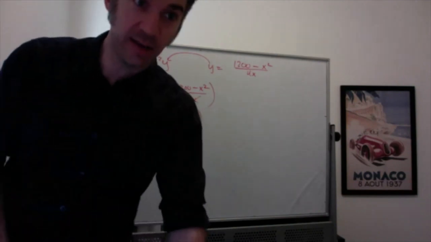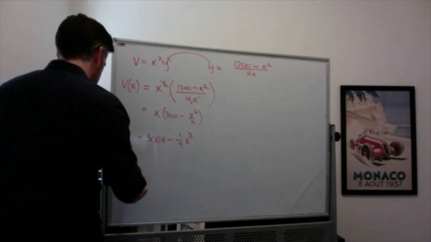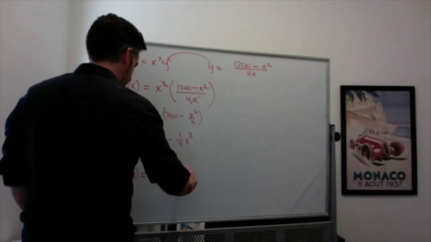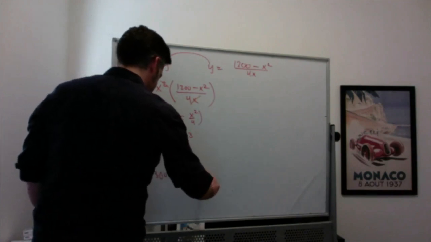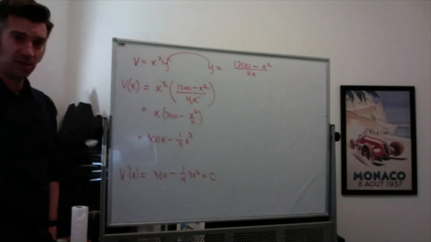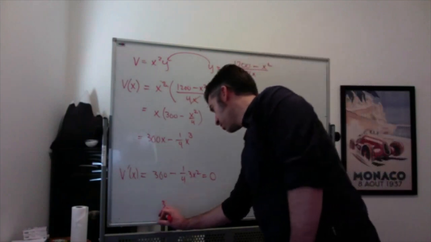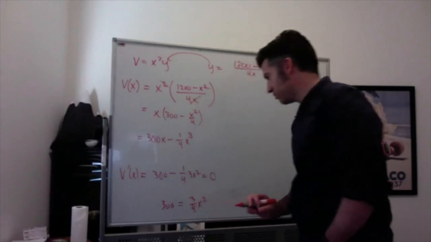And now we can differentiate. So let's find the critical values. Take the derivative, it's 300 minus 1/4 times 3x squared. I'm going to set that equal to 0. I'm going to solve for x. So let's see. I'm going to add this over here. 300 equals 3/4 x squared.